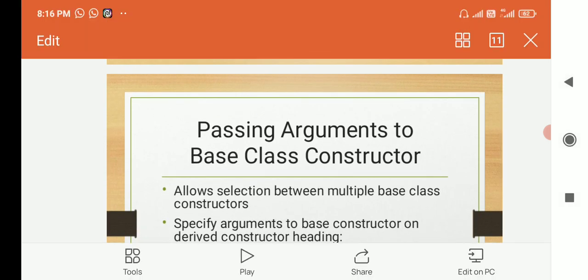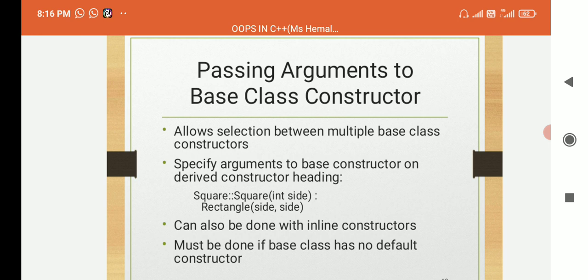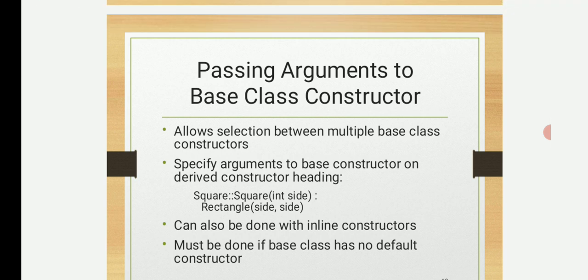Next, passing arguments to base class constructors. How can you pass arguments to the base class in constructor concepts? It allows selection between multiple base class constructors. Specify arguments to the base constructor in the derived constructor heading.